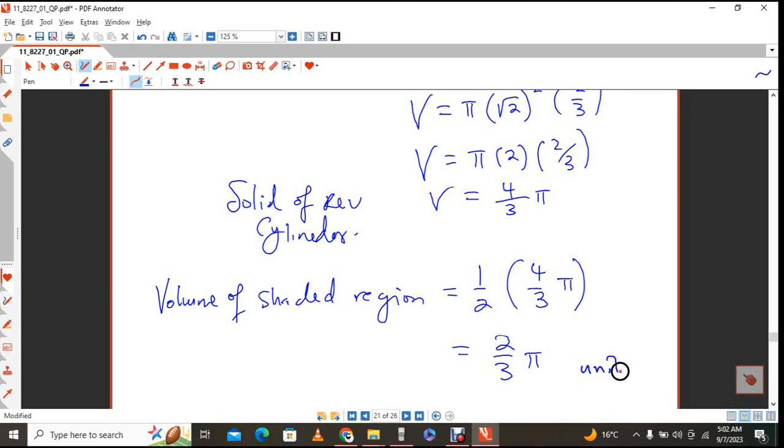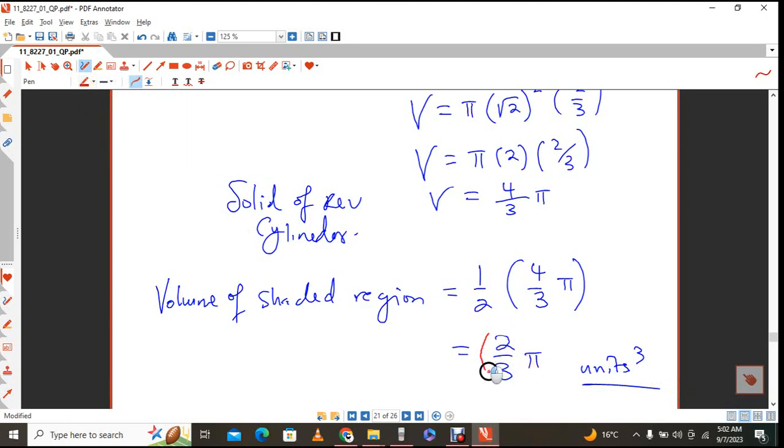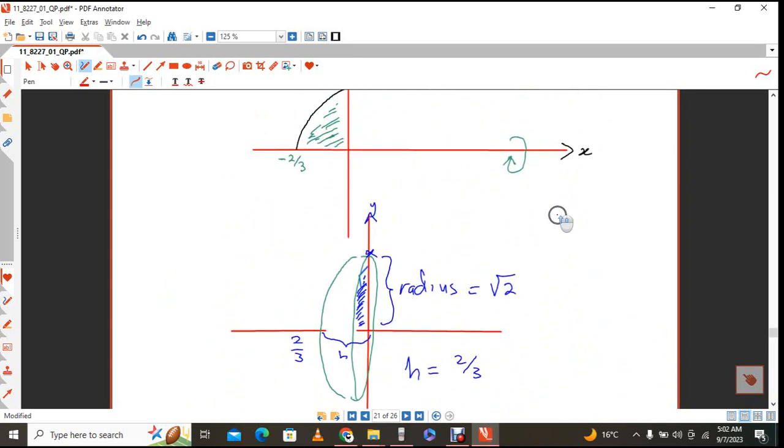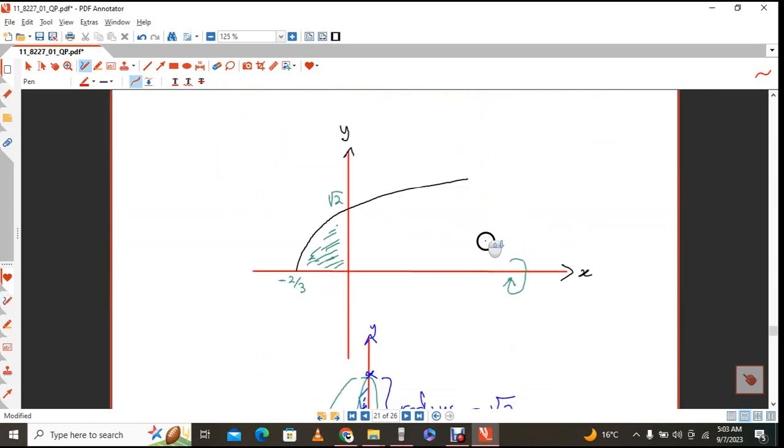Which is units cubed. And lo and behold, this answer over here is exactly the same as the other answer over here when I was doing integration. I thought it's very interesting that you could have also attempted to do it like that.